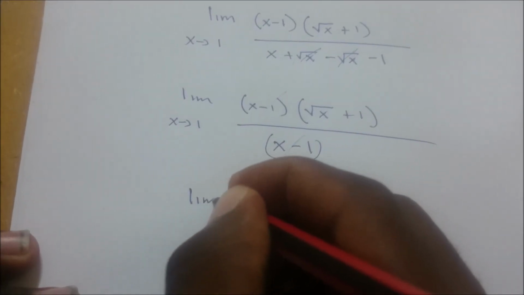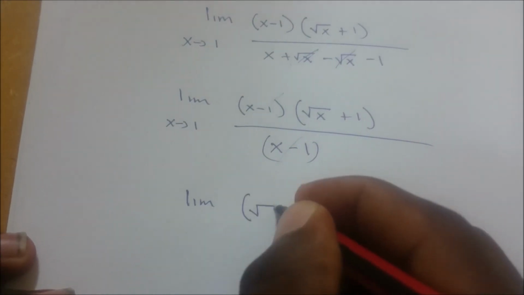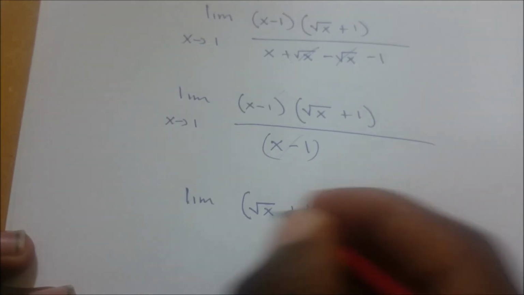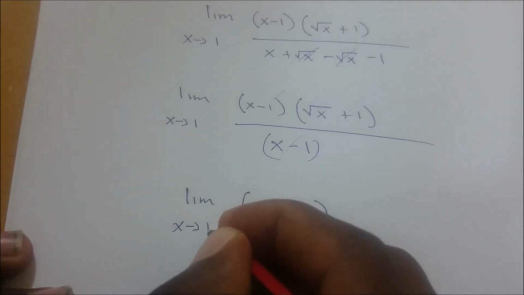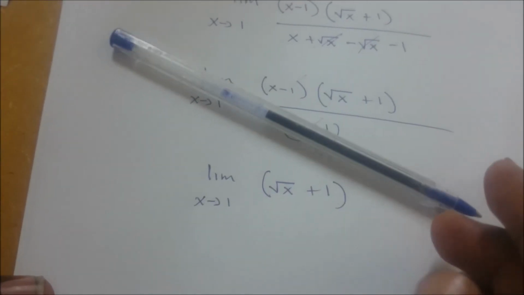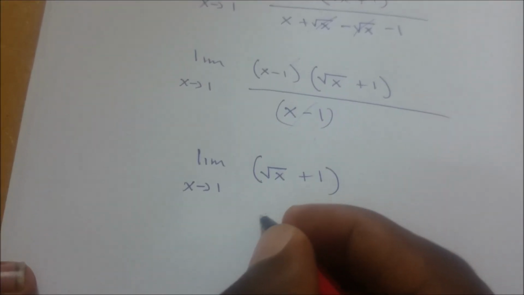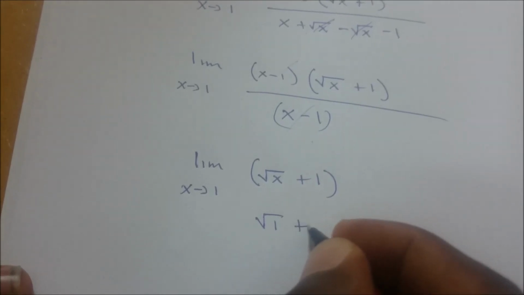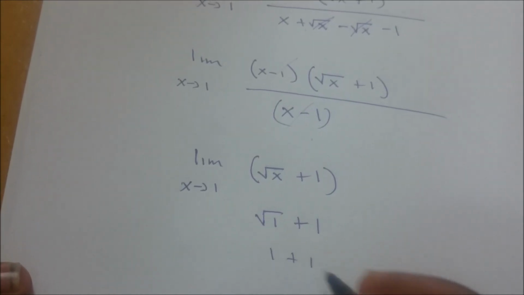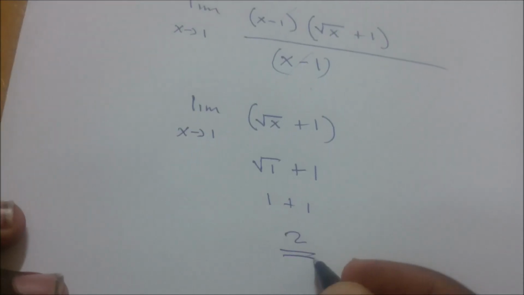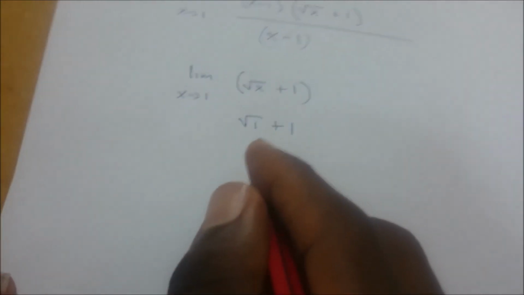We'll remain with the limit of the root of x plus 1 as x is approaching 1. From here, can we substitute in this case? Yes, so we're going to say the root of 1 plus 1, which is 2. So this is how we do it.